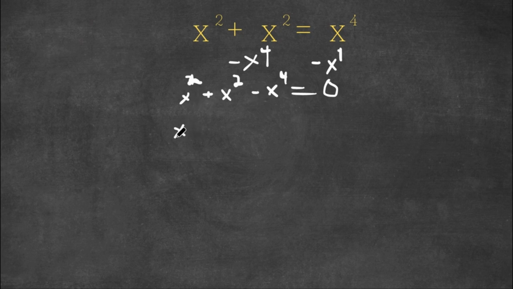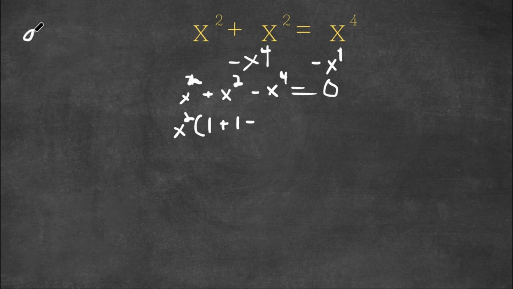So now we have x squared times x squared divided by x squared is 1 plus x squared divided by x squared is 1 minus x to the power of 4 divided by x squared.